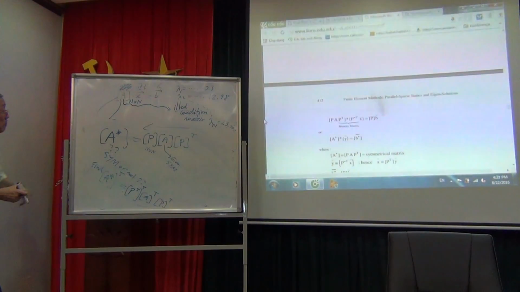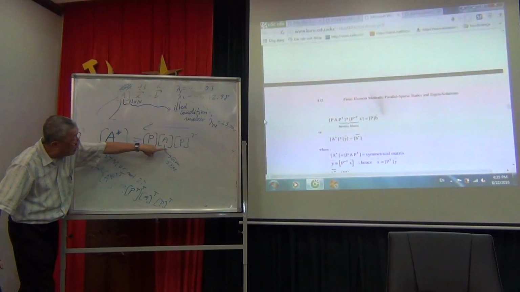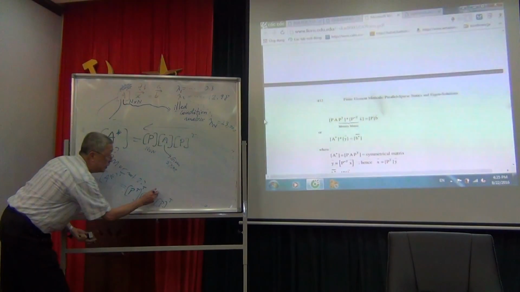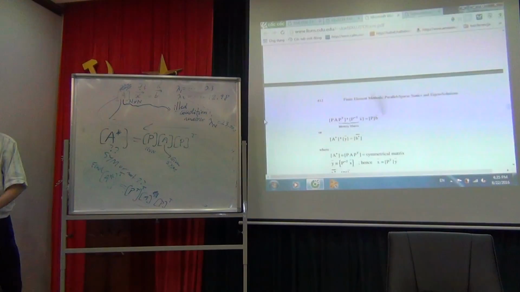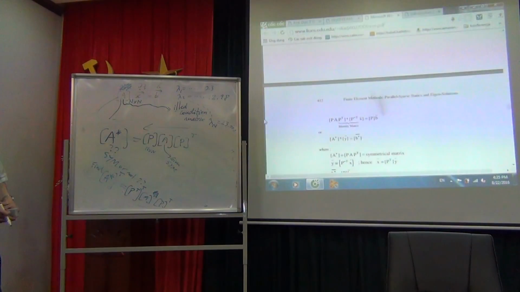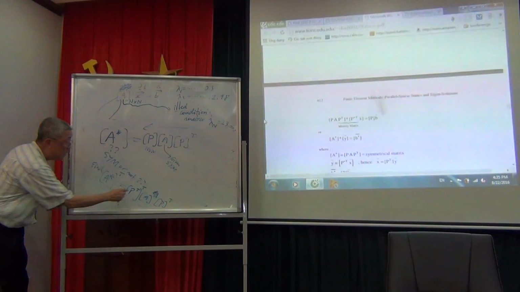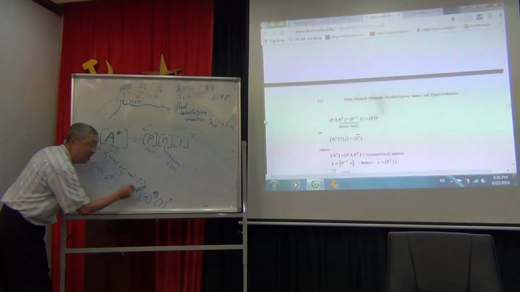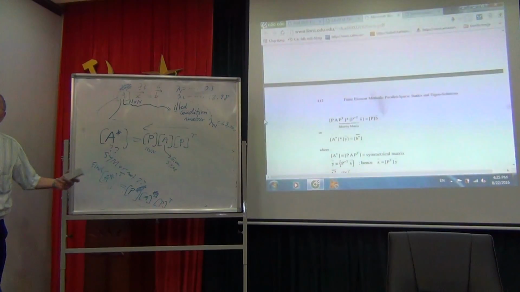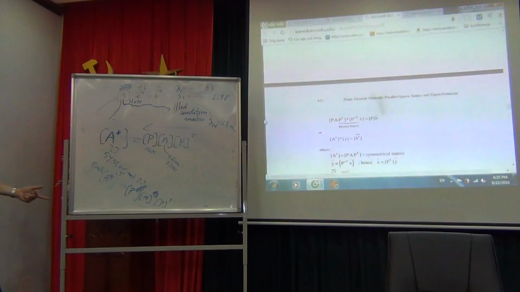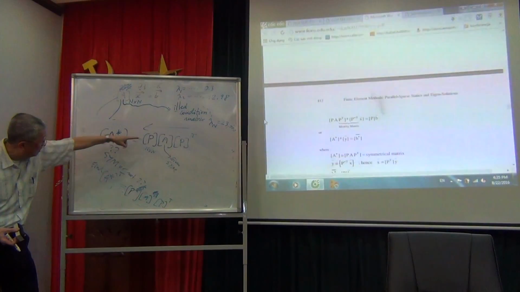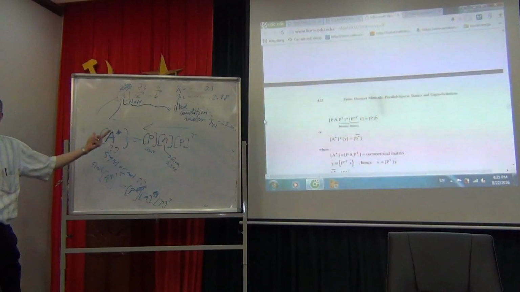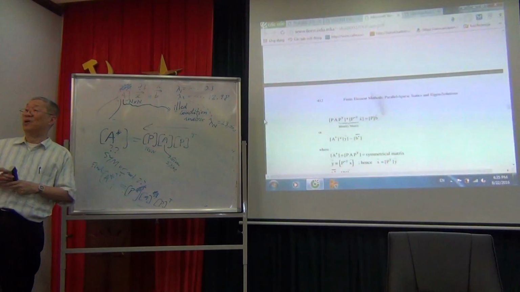But because A is symmetric, A transpose is the same thing as A. And the transpose of the transpose is just equal to itself. So A star transpose is the same as A star. That means A star must be symmetric.